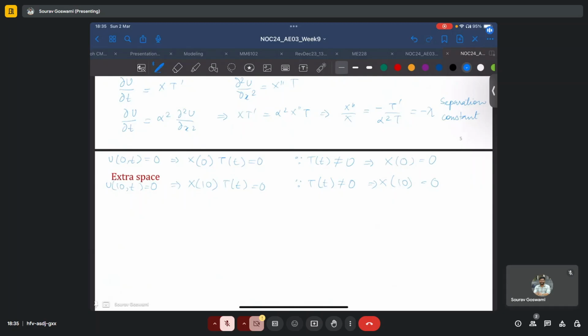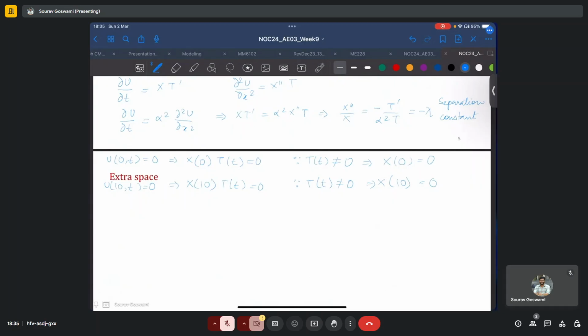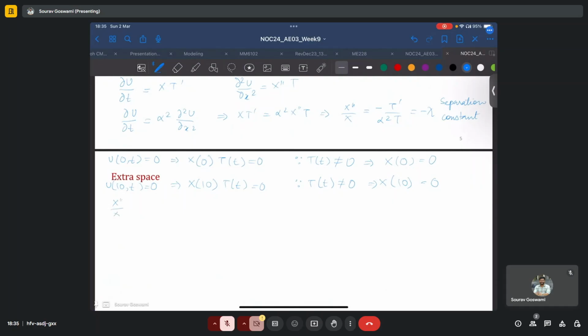Now let us solve the equation concerning X and its derivatives. So X double prime by X equals minus lambda, which implies that X double prime plus lambda X equals 0 with the conditions X at 0 is 0 and X at 10 is also 0.